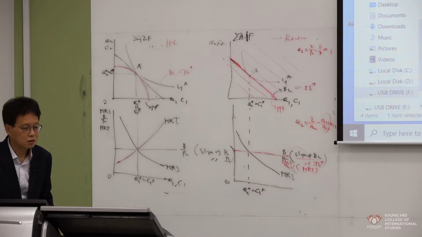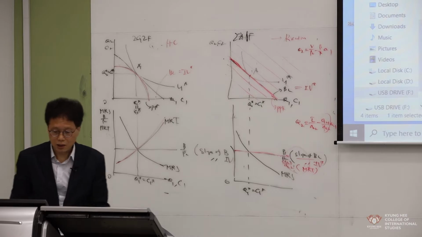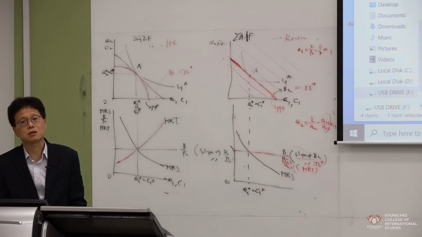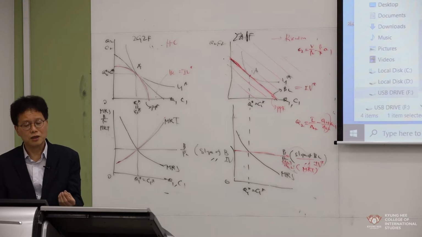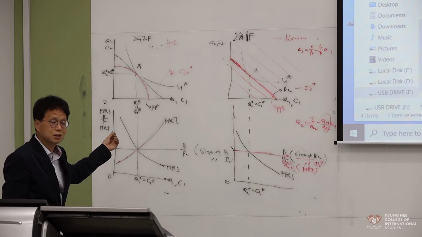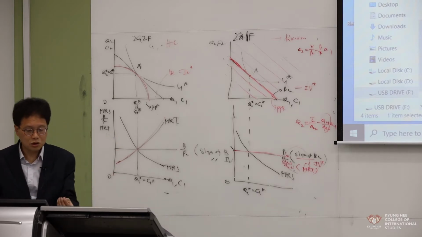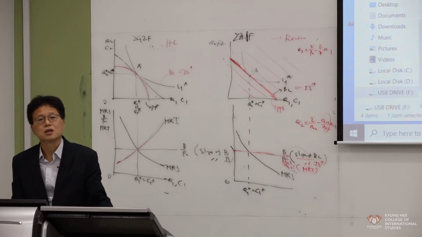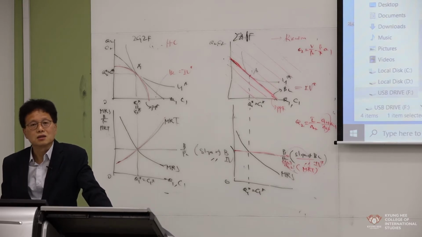And number two, explaining why trade occurs between two countries: the Ricardian model said differences in productivity, technology, or labor productivity generate trade between countries. But the Heckscher-Ohlin model explained that because of differences in factor abundance, trade happens between two countries.